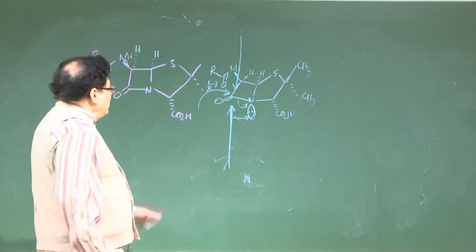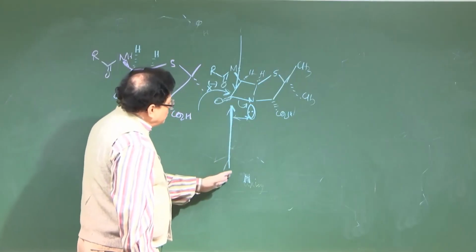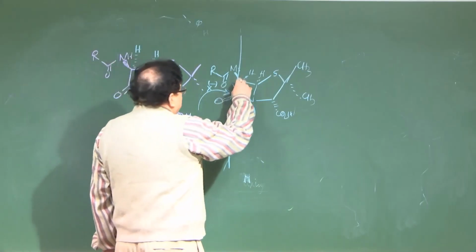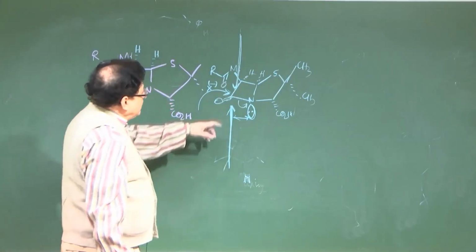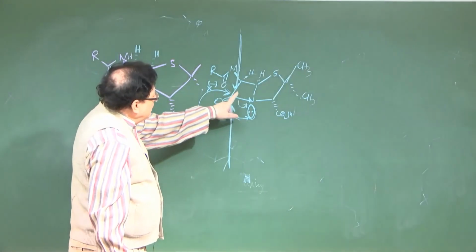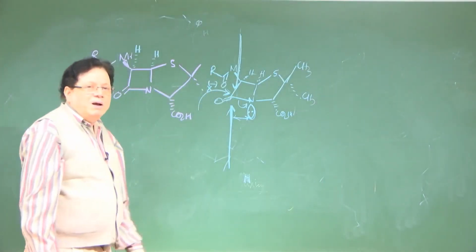Okay. So, stereoelectronically speaking, it should not approach from the bottom side, and if it comes from the top side, then it is okay, because the lone pair is perfectly anti to the approach of the nucleophile.